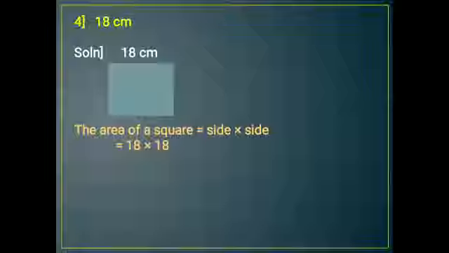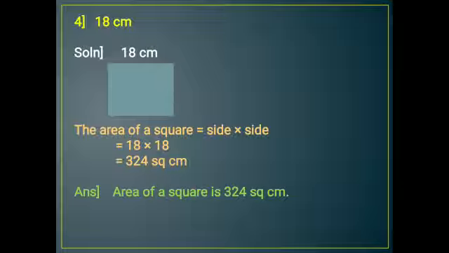Now we will multiply 18 into 18 and we get the answer 324 square centimeter. Understood? So our main answer is: the area of the square is 324 square centimeter.